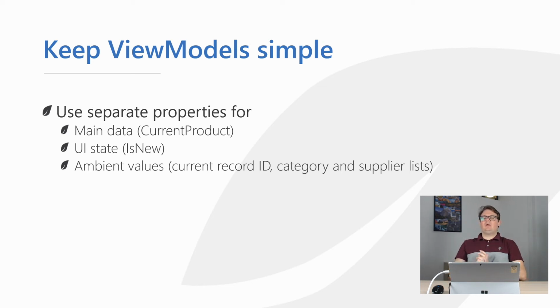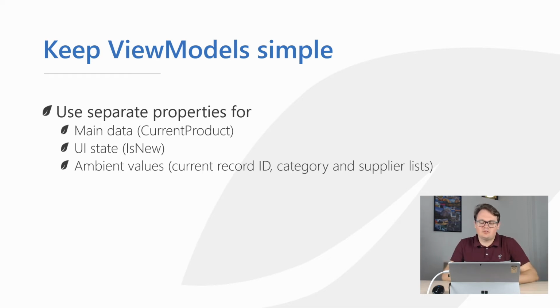And then we have some ambient values that basically we cannot change, but they are given to us from some other parts of the application. For example, the current record ID goes from the route. There is no way the page itself can change it. It could only redirect to the same page with a different ID, but it gets the ID from the route and there's no way to change it.